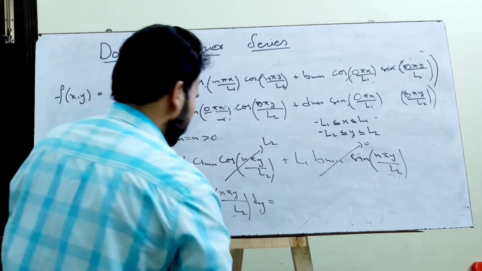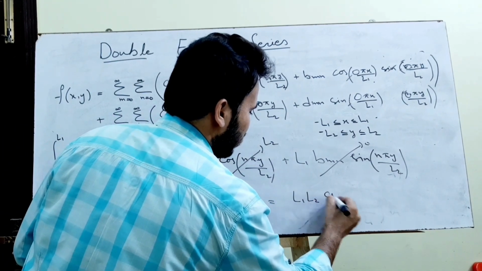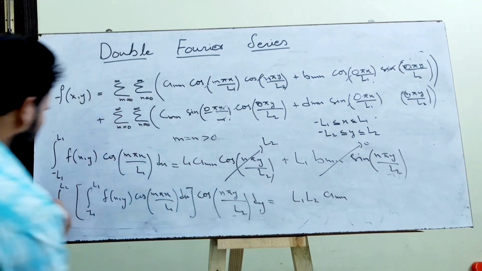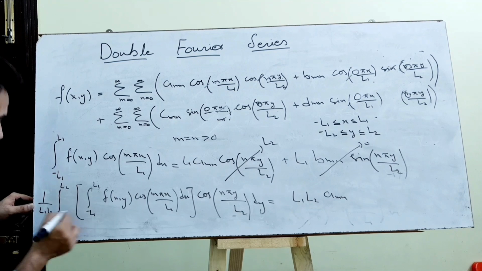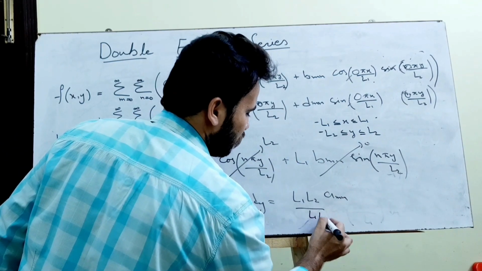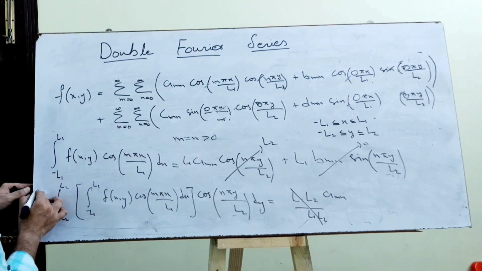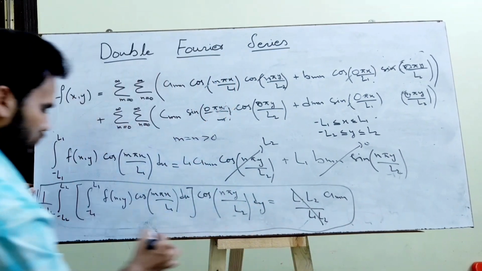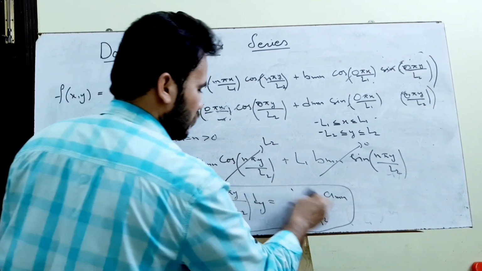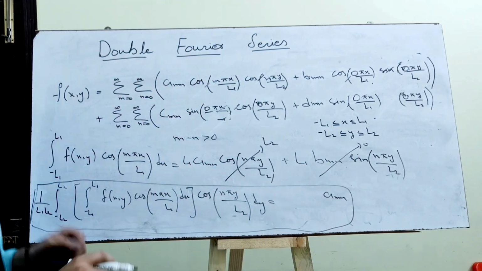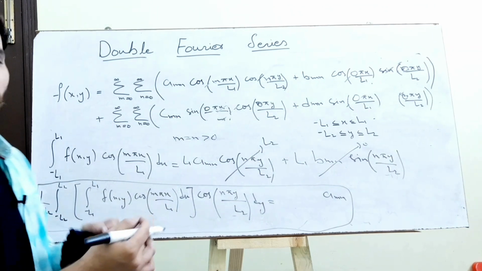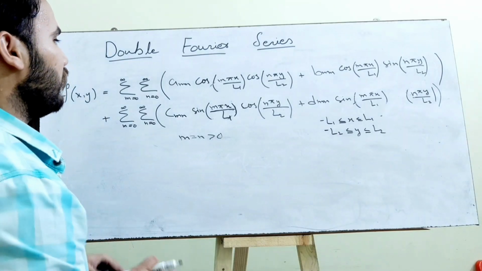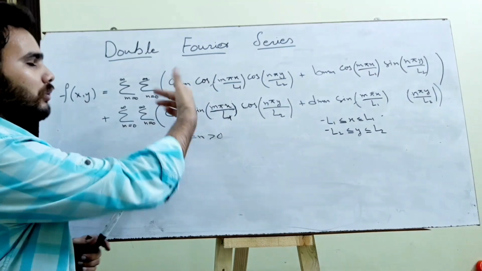So the left part is L1 L2 a_mn, and dividing both sides by L1 L2 we have computed a_mn also. Up to here we have computed a_mn, a0n and a00.